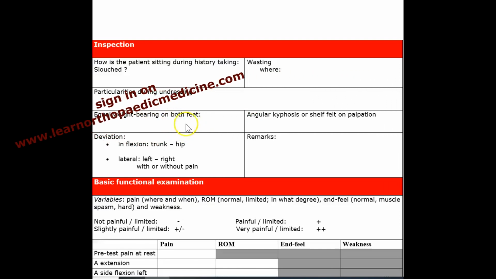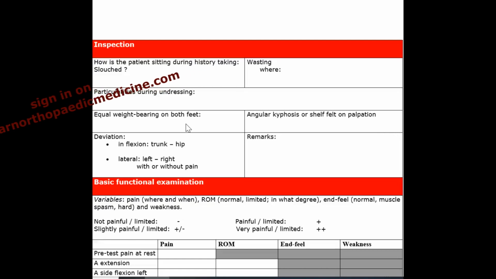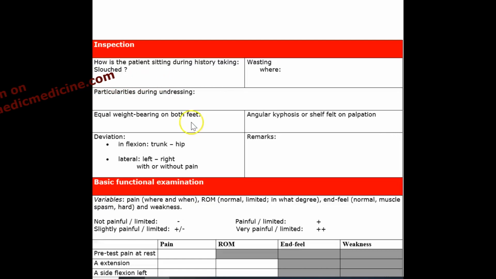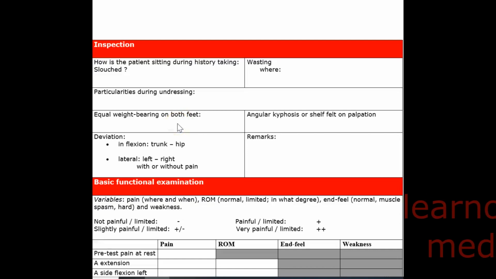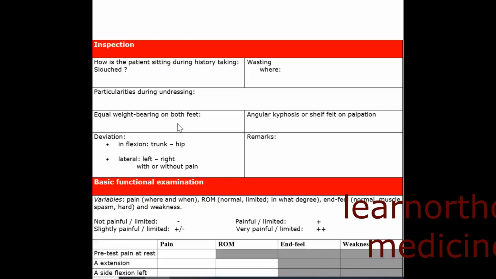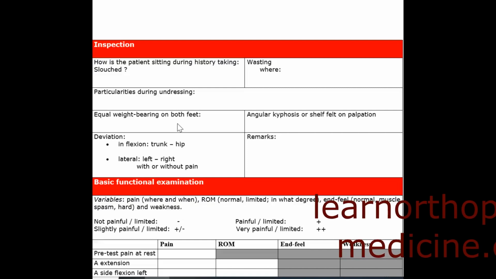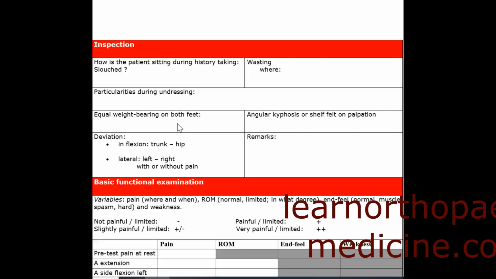The patient is standing in front of you, and mostly I put the patient in front of a mirror, and then it's interesting to see if he's able to have equal weight bearing on both feet. For instance, a patient with an acute sciatica, a big disc protrusion, lateral disc protrusion with pressure against the nerve root, acute sciatica, he very often also shows a very beautiful lateral deviation.